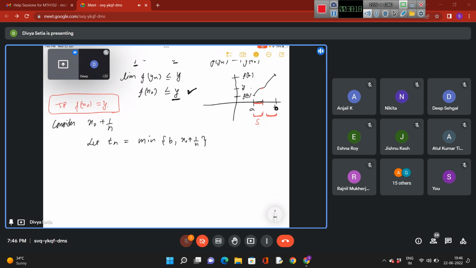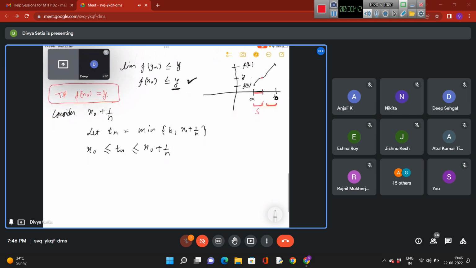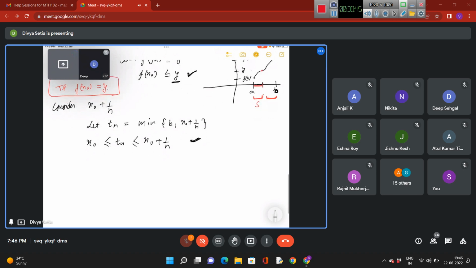So if you choose your Tn to be the minimum of these elements, like T1 is the minimum of b and x naught plus 1, T2 is the minimum of b and x naught plus half, in such a way, then x naught always lies strictly less than Tn. Is this point clear? Why does Tn lie between x naught and x naught plus 1 by n?